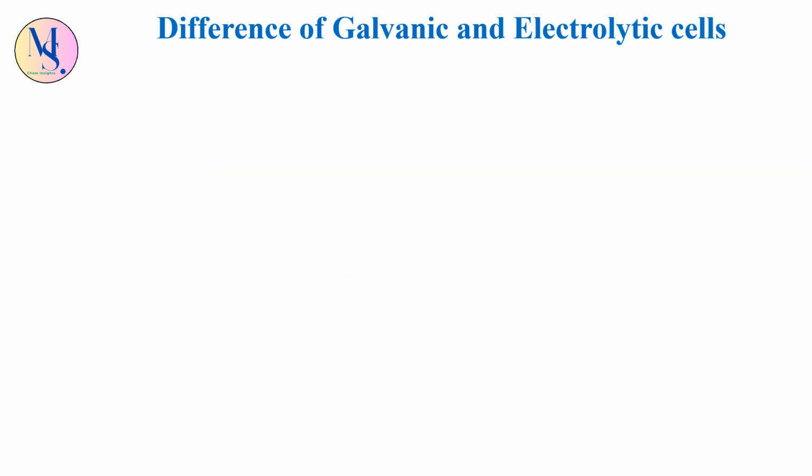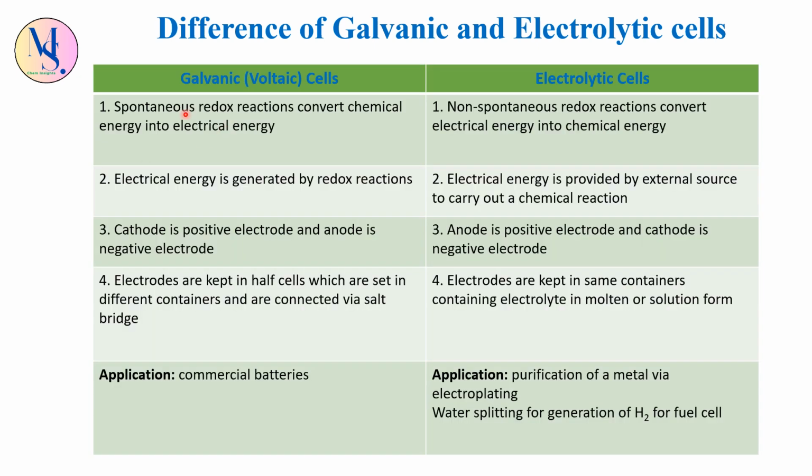The main differences of galvanic and electrolytic cells are given over here. Galvanic cell involves a spontaneous redox reaction to convert chemical energy into electrical energy, while electrolytic cell involves a non-spontaneous redox reaction to convert electrical energy into chemical energy.